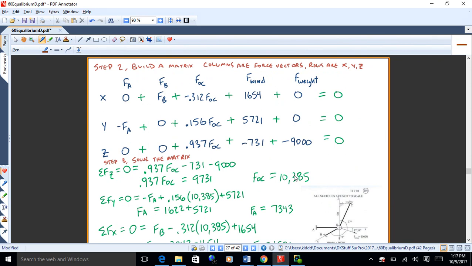So y'all okay with this? I'm making a matrix out of it is what I'm doing. And I've got FA, FB, FOC, F wind, and F weight. They're columns, they each have 3 terms. Remember to put the zeros in there. And then the rows are the X, Y, and Z components.